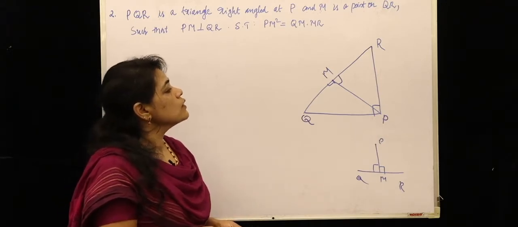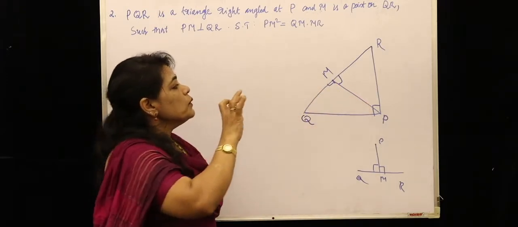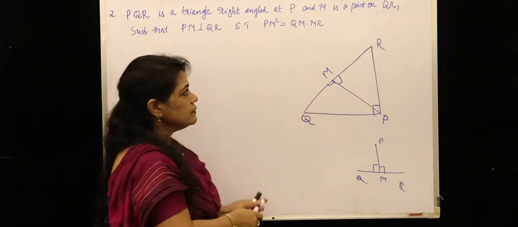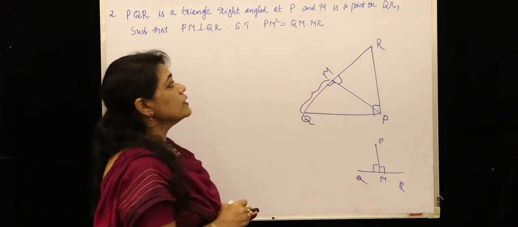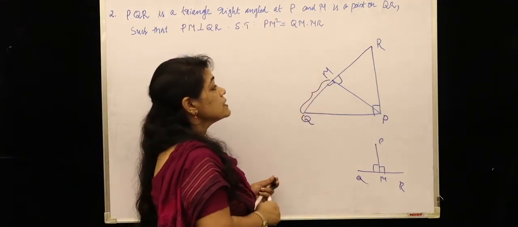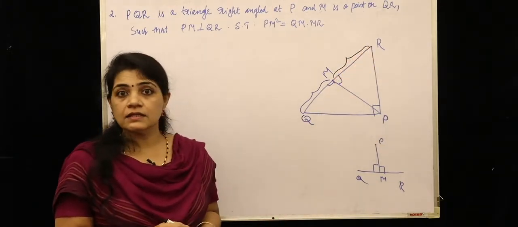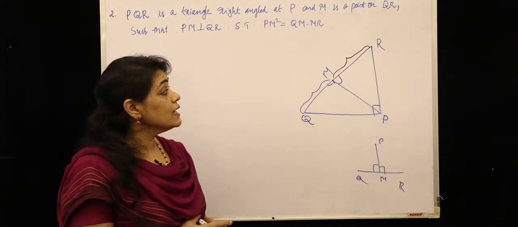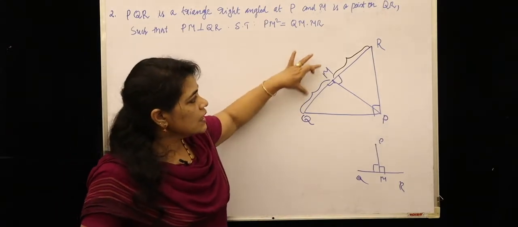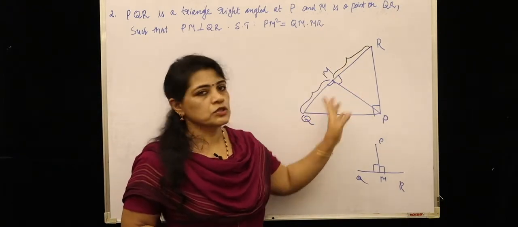PM square means this side PM. QM is this side, and the second one is MR. That means this question is based on the sides of this triangle, and PM is common between these two triangles.